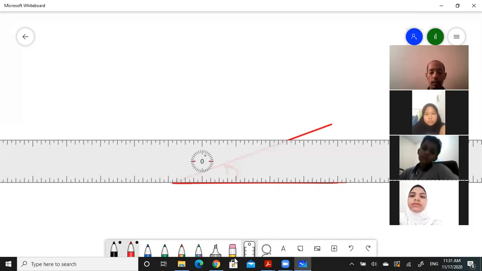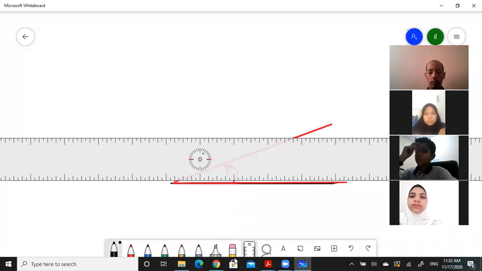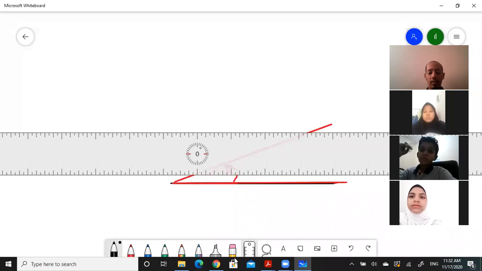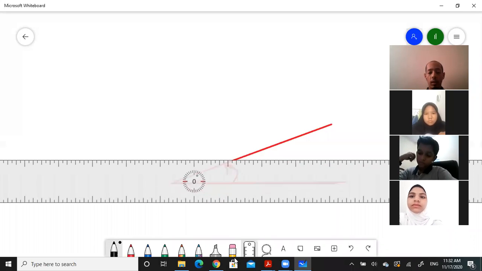And the black line is still here, okay? I'm trying my best to convey this lesson because it's very hard.